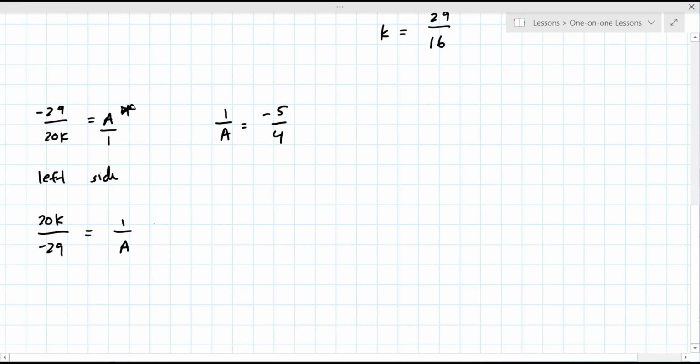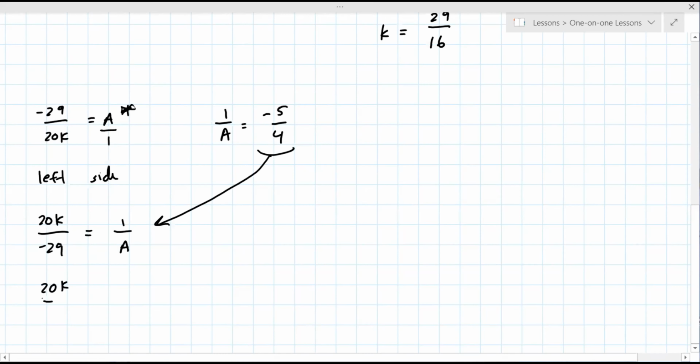Now, why is that beneficial? Well, this -5 over 4 can immediately go there. You don't have to substitute for the variable. You can substitute for like 1 over a or 2a or a over 3. You can do any of those combinations. You just have to know that if you have the same thing, you can substitute for it.